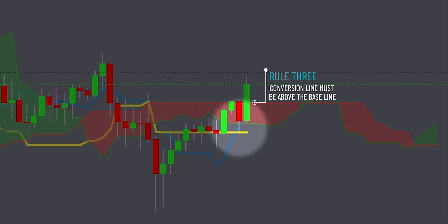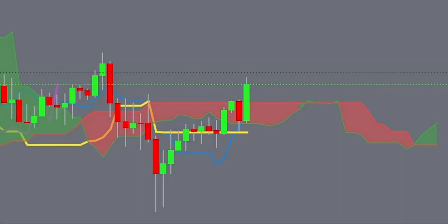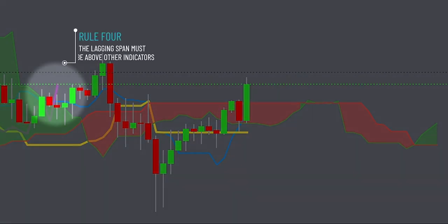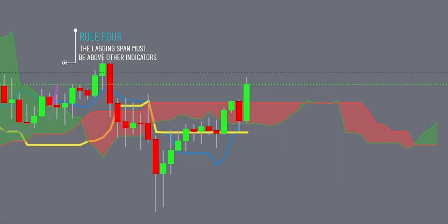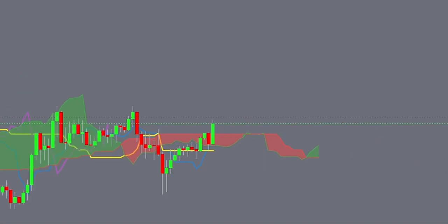You've got to get in there and take a look for it, but we've got it and it's very important that we do. And then the fourth rule, again, not the easiest to see, is that the lagging span crosses above all the other indicators, and again, very important and often the last one that you get to confirm your signal.